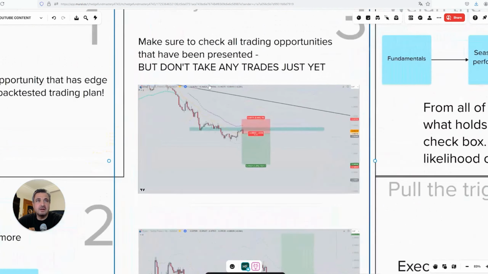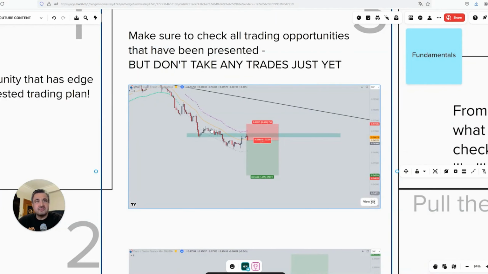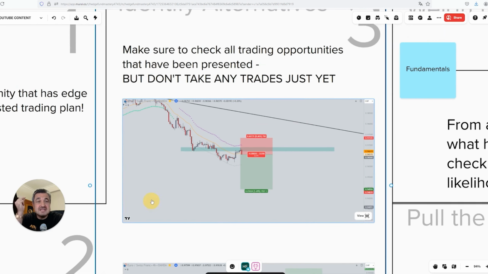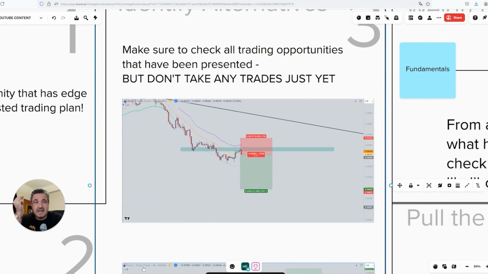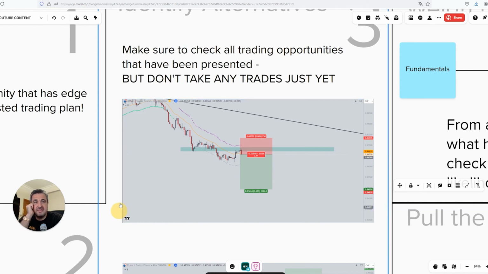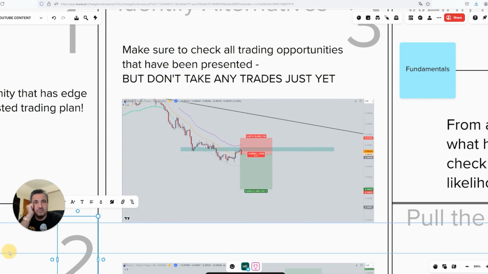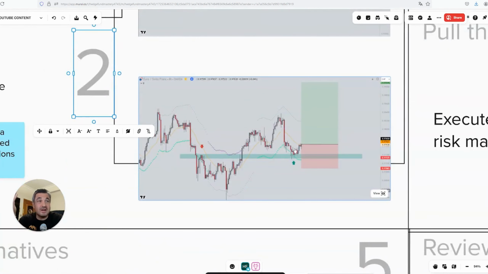Whereas if you look at this one, you can clearly see that the structure down here is a lot more intact. So just from that very simple observation, it's more or less the same trade. You're looking at a Swiss franc trade here, but this market structure is a lot more inviting than this market structure. Oh, sorry, this mural stuff sometimes makes me crazy. But you understand what I'm saying, right?